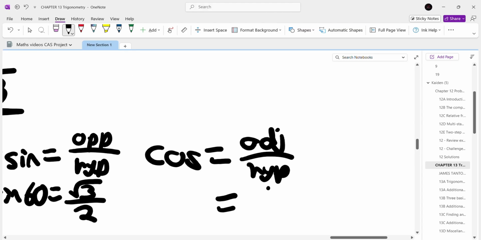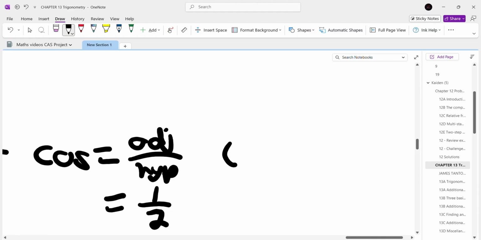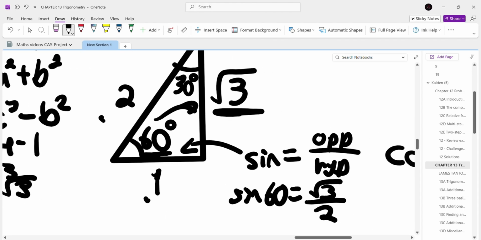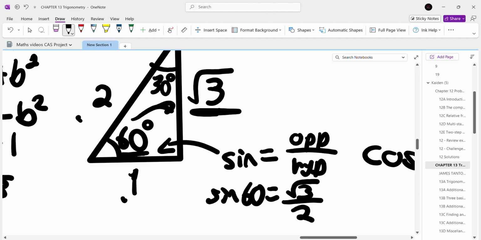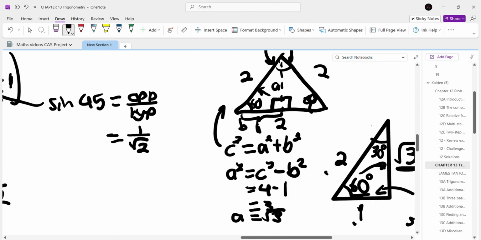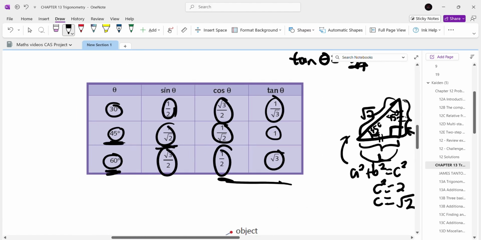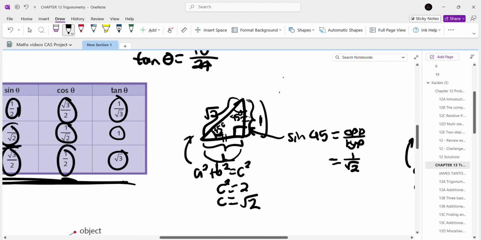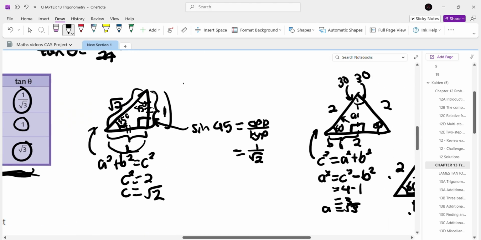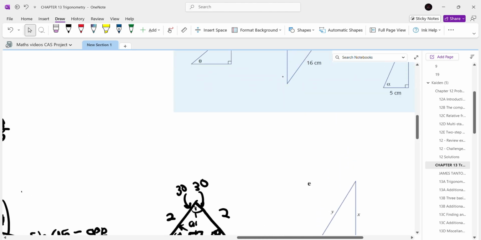And then finally, our tangent is opposite over adjacent, so our opposite is root 3 over our adjacent, which is 1. So our tangent value is just equal to the root of 3. And now, as you can see, these are the same as our trigonometric ratios established right here. These are all the simplest forms of these trig ratios, and you'll be able to see them in your work, because these will be just the simplest forms right here.